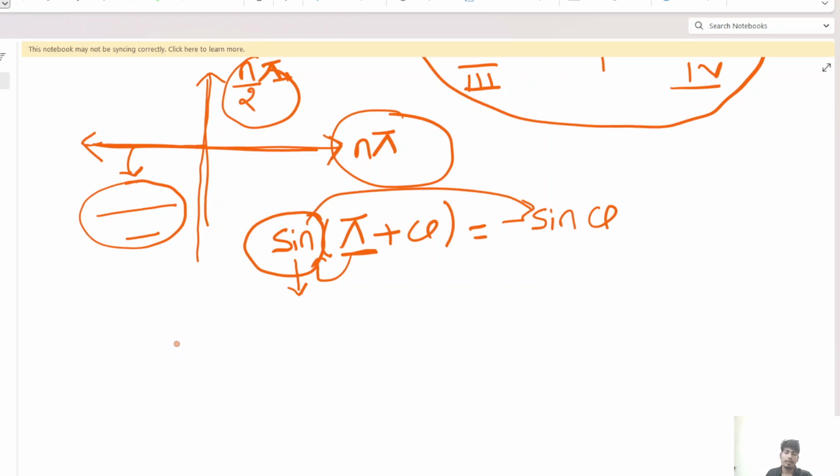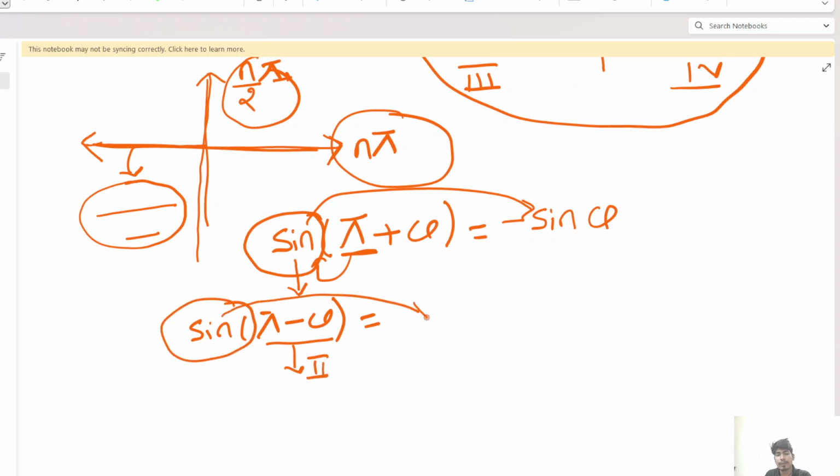What is next is sine of pi minus theta. Pi minus theta is in the second quadrant, and sine is positive in the second quadrant. On pi there is no change in the sine function, so sine remains sine with theta, and it is positive, because the sine function is positive in the second quadrant.